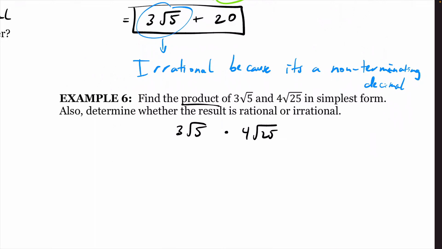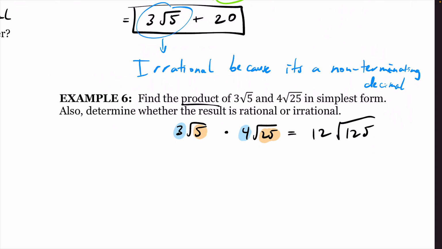How do we multiply two things with square roots? What do we multiply first? Outside to outside, inside to inside. Exactly like that. So outside to outside, so that is 3 and 4. We multiply those together. Guess what? They're on the outside. Inside times inside. 5 and 25. We multiply those together, and they're on the inside, 125.